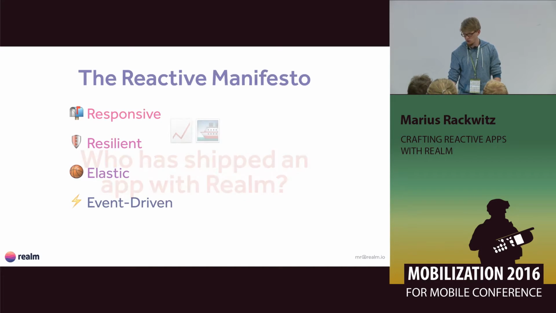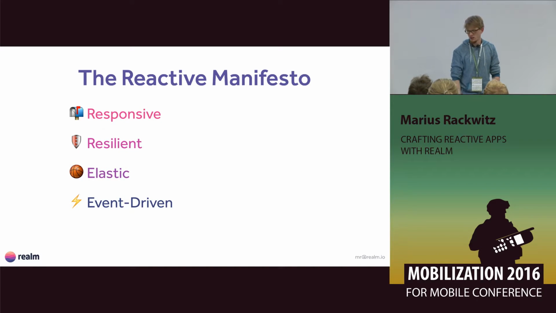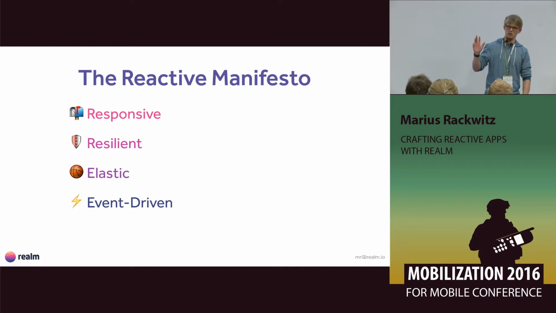But let's speak about the first aspect of the talk title, the reactive part. What does it mean that something is reactive? There's a manifesto on the internet about what building reactive apps means, and it consists of 4 attributes they have to fulfill.